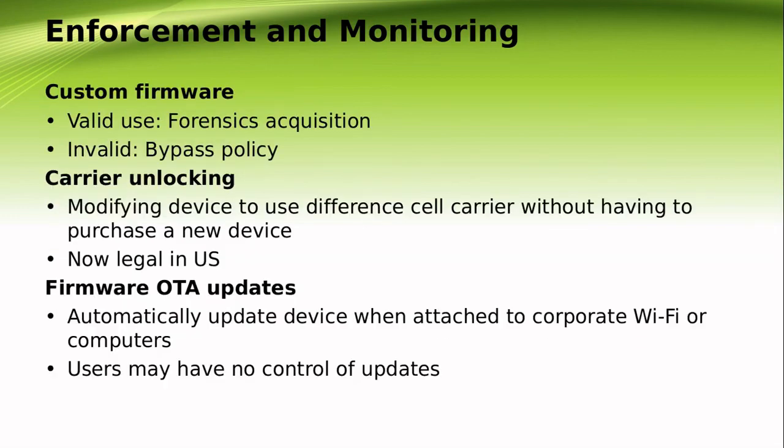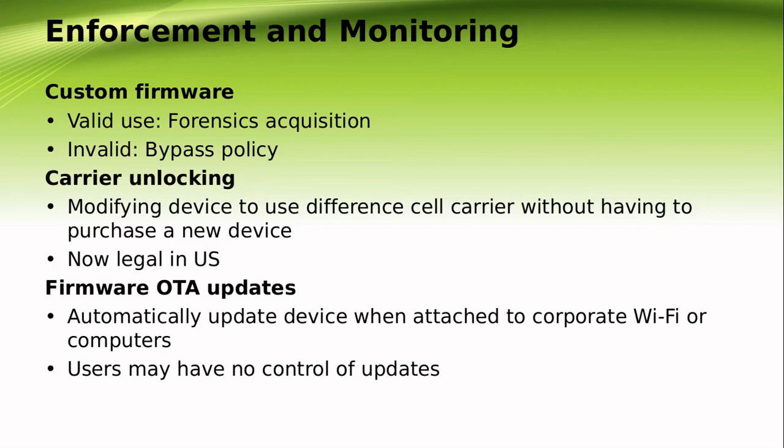And then custom firmware. Custom firmware is a kind of Android rooting. It is a valid use; you should use it for forensic acquisitions, as allowed by policy, something like that.